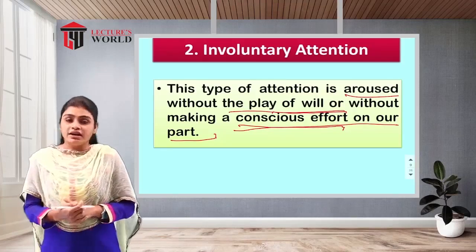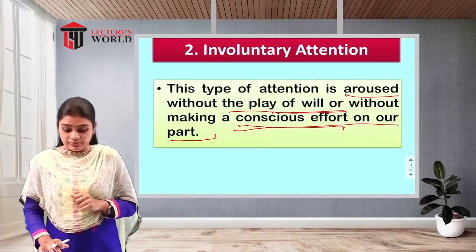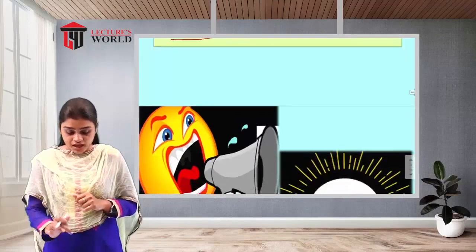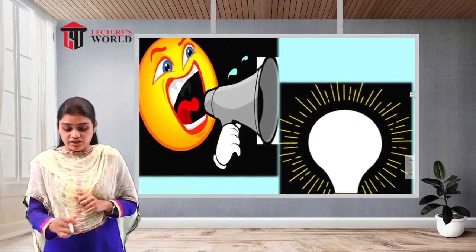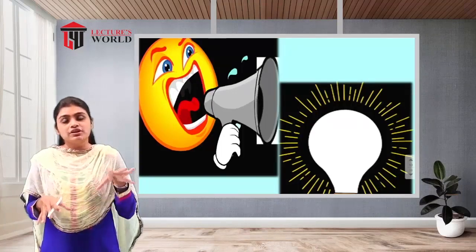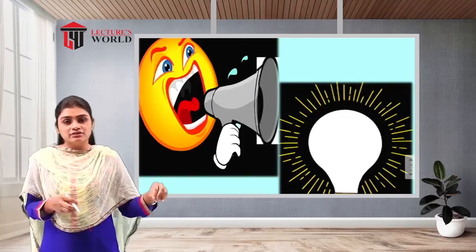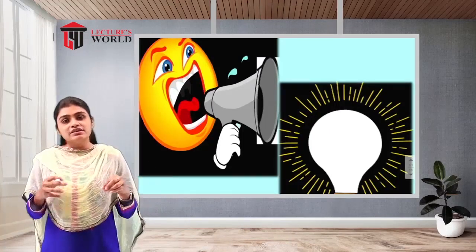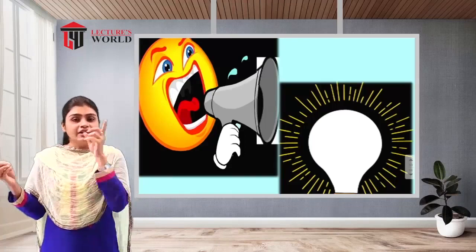This involuntary attention also has two types. Let's see that. Before that, we have an example of involuntary attention. Any loud voices, any loud noise. If you are doing any activities in your bedroom, and suddenly you hear some loud voices, your attention will go there.